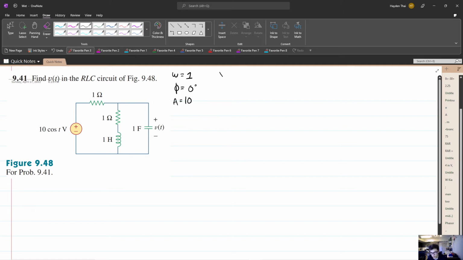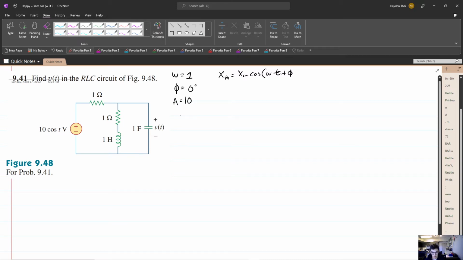If you forgot why, for a phasor, the formula is the amplitude times cosine of omega t plus phi, where the amplitude is the amplitude of the sinusoidal wave, omega is the angular frequency, and phi is the phase angle for our phasor. So as you can see, the phase angle is 0 and the amplitude is 10.